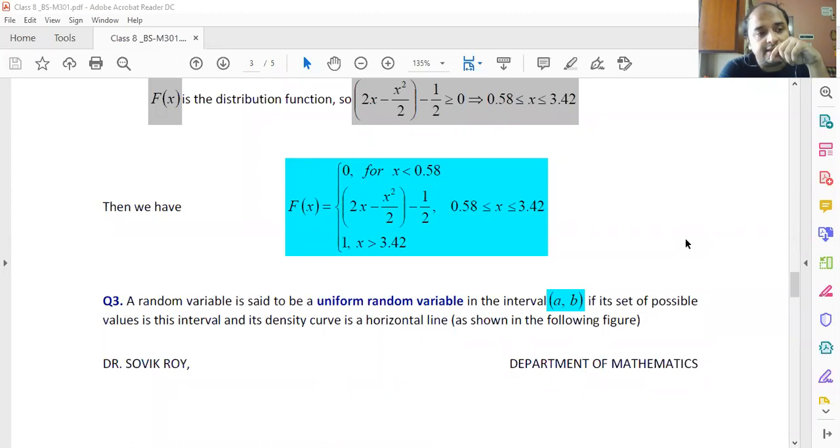For example, if I am going to toss a coin which is unbiased, you already know that there is an equal probability of getting head and tail. In that case, the probability of head is half and the probability of tail is also half. So the probabilities are uniform in nature, but the outcomes are discrete.